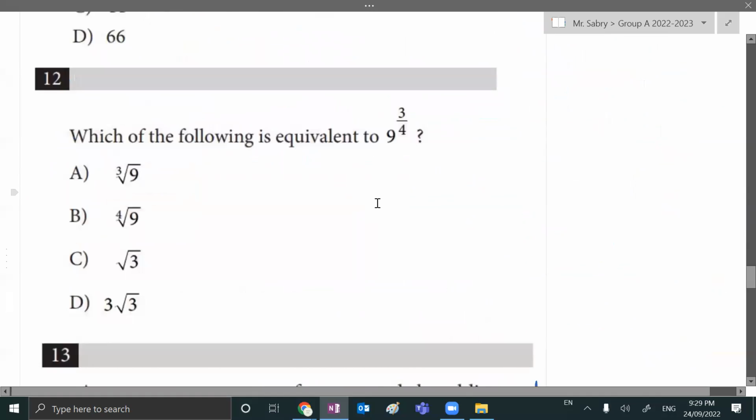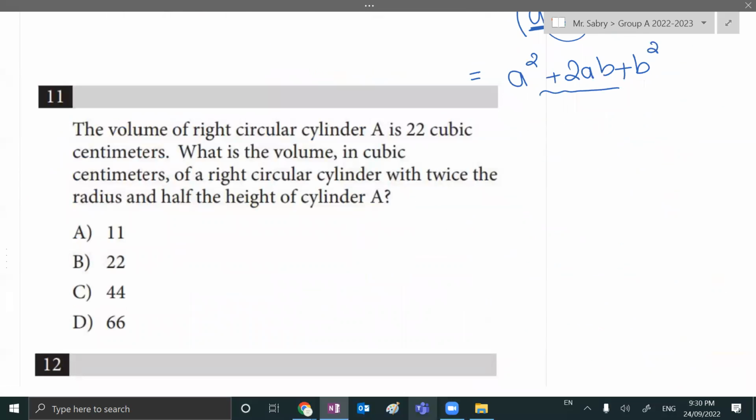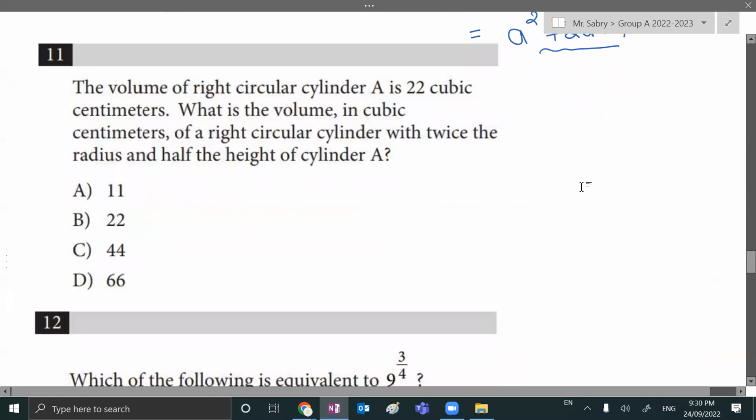Yes. Now starting again from number 11, the one that has the volume, the first one that was there. It says the volume of a right circular cylinder is 22. What is the volume in cubic centimeters of a right circular cylinder with twice the radius and half the height? So first of all, what do I know about the volume of a right circular cylinder?